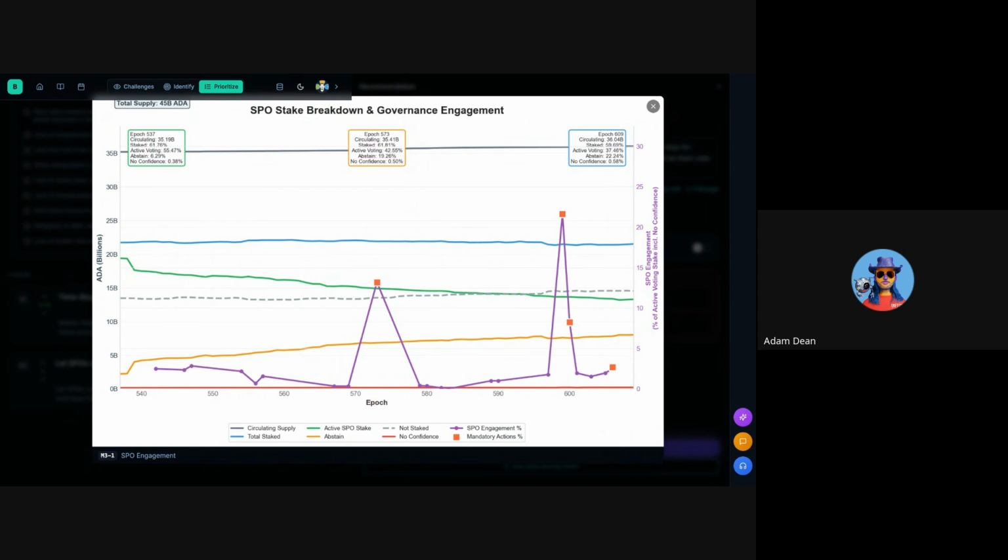Yeah, I was just saying I'm disagreeing with this premise that the SPOs weren't a good group to be responsible for Cardano governance. That's because we designed a system where they've been marginalized and pushed to the edges and not asked to make any sort of meaningful changes or votes. And so now SPOs don't know when they need to vote outside of a hard fork.